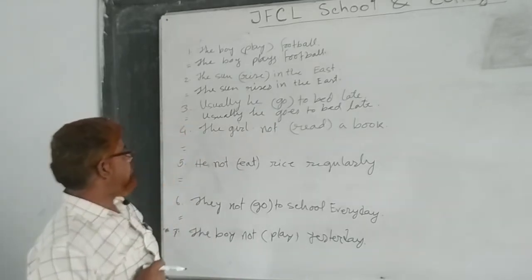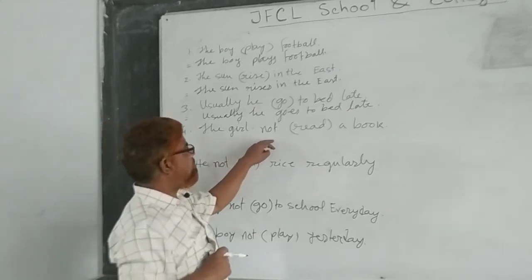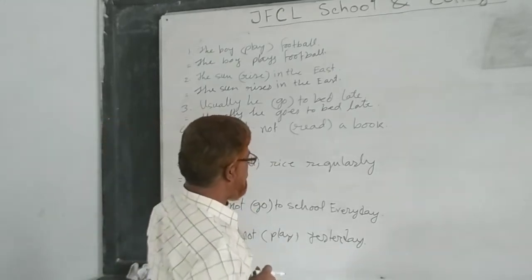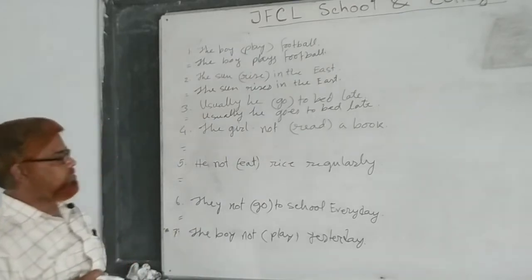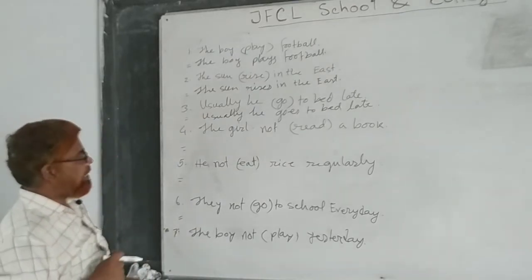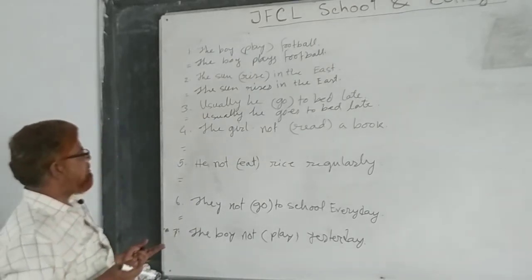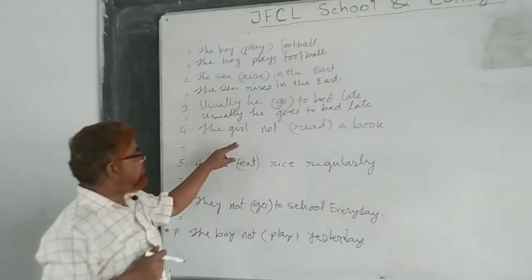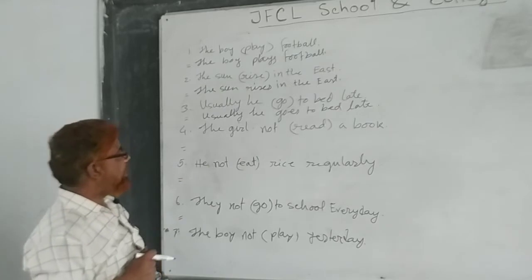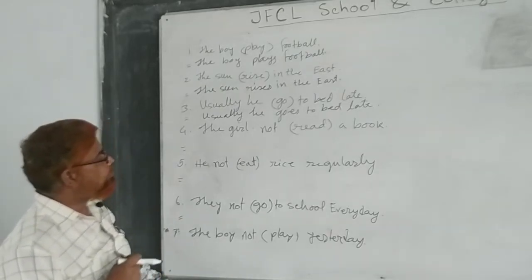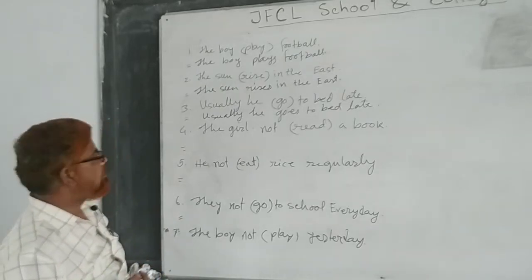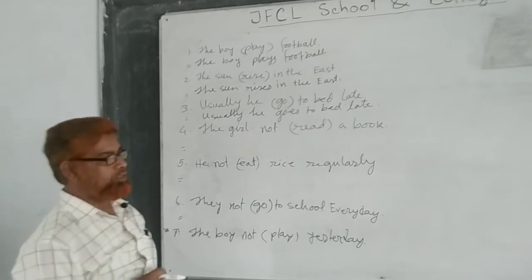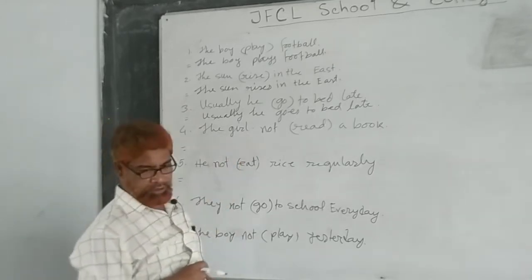Number 4, the girl not read a book. It also indicates present indefinite tense. So, according to the rule, to make a negative sentence we have to use do not or does not. We can see only not.